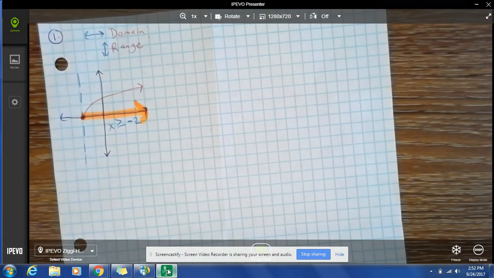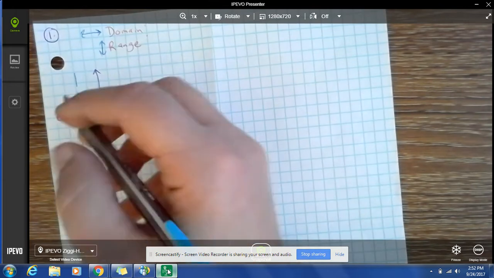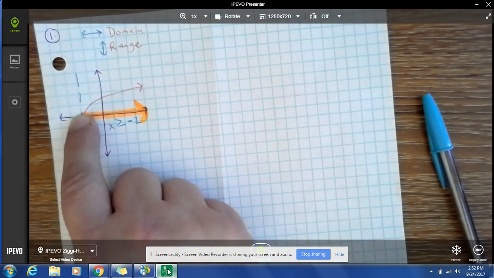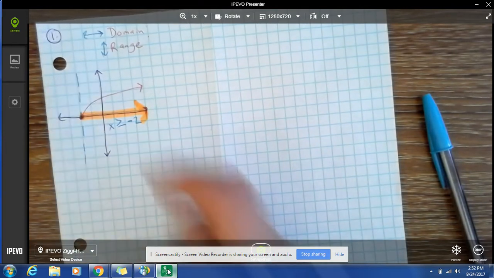All right, and then how far down does it go? Well, if you look, you see it starts on the x-axis, which is y equals 0. So starting at 0, and it's going up.